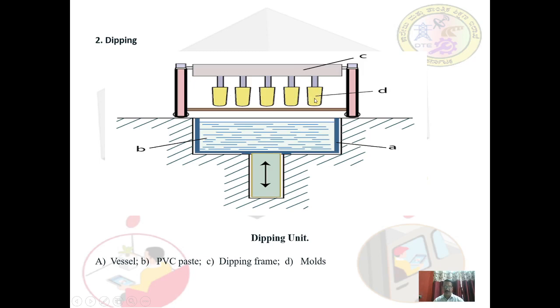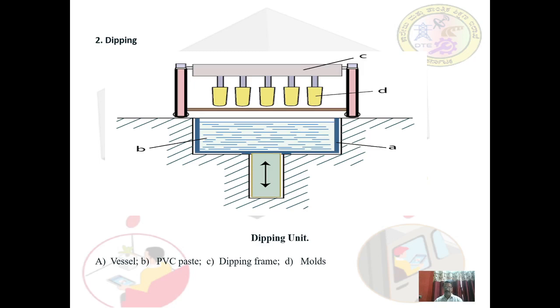Sometimes molds or articles are dipped into solutions, dispersions, pastes, melts, or powders. Later on, the adhering material on the surface is solidified by heat treatment.